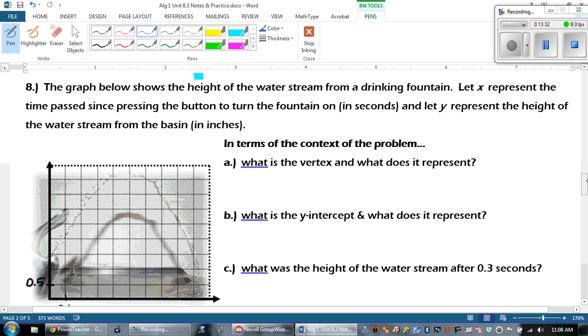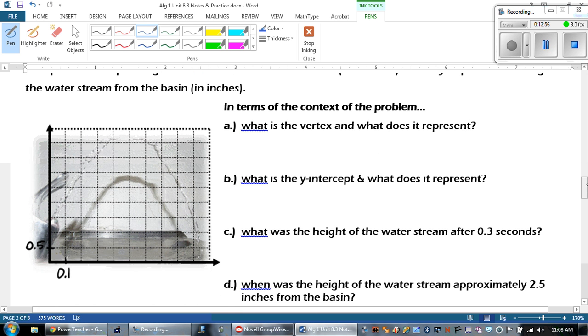Next one. So the graph below shows the height of the water stream from a drinking fountain. Let X represent the time passed since pressing the button to turn the fountain on in seconds, and let Y represent the height of the water stream from the basin in inches. So what is the vertex and what does it represent?